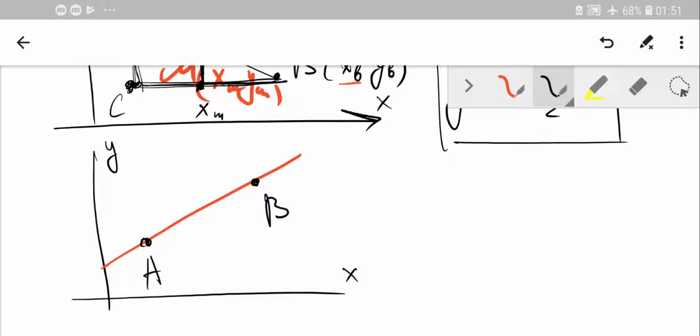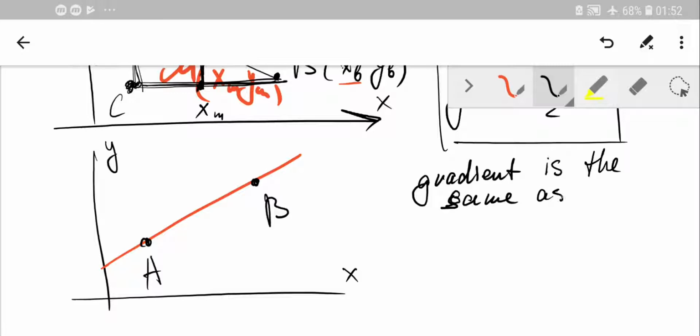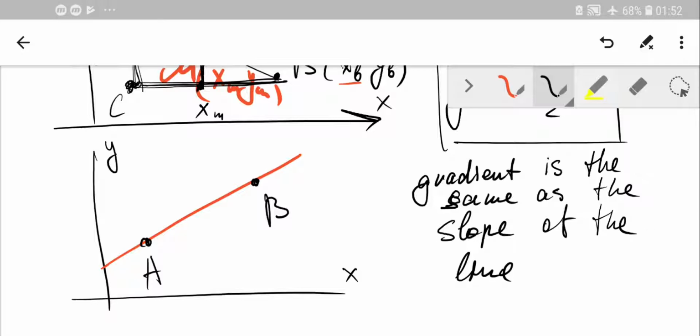What we need to do in order to calculate the gradient, and what gradient is by definition: gradient is the same as the slope of the line. It shows on the line or a segment, in this case line or segment doesn't matter. So what does it mean?